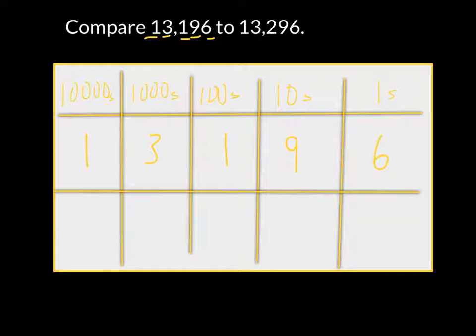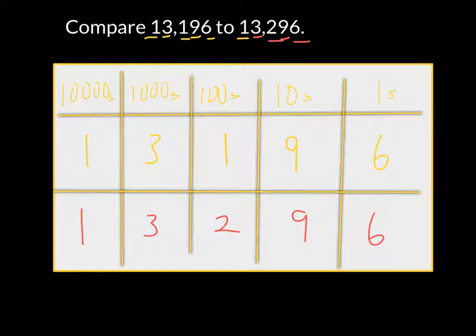Now I'm going to move over to my second number, and I see, once again, I have a 1 in the 10 thousandths place, a 3 in the thousands place, a 2 in the hundreds place, a 9 in the tens place, and a 6 in the ones place.